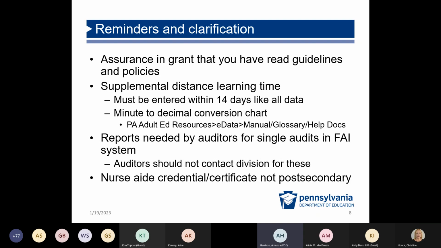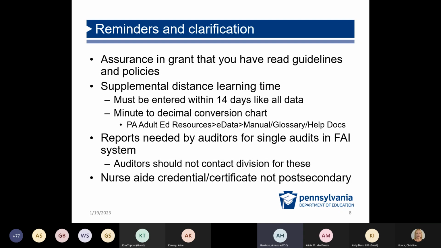So for those of you who need reports about especially the federal grants or any of our grants for auditing purposes, as a reminder, you can get those reports in the FAI system.